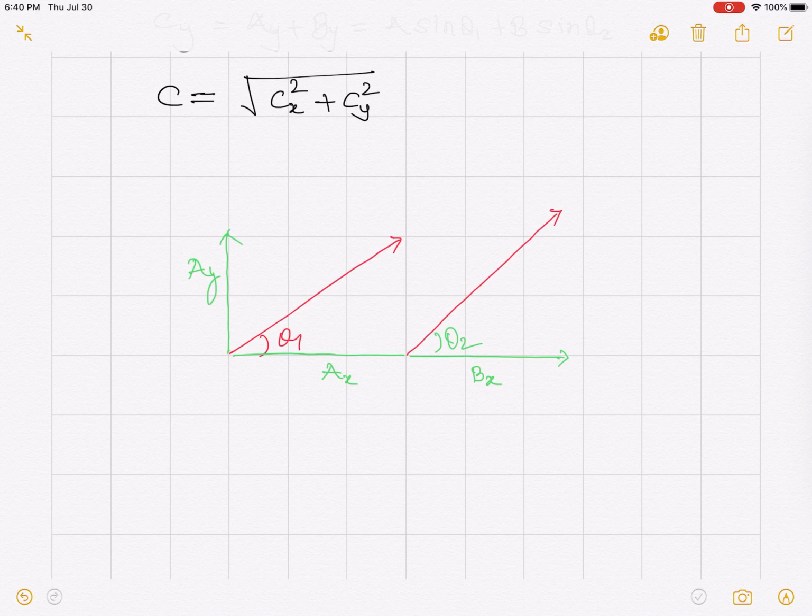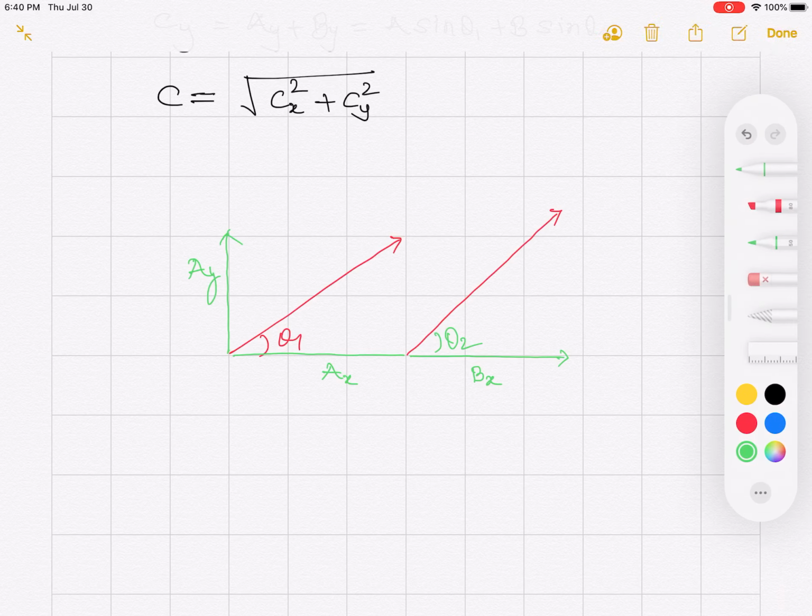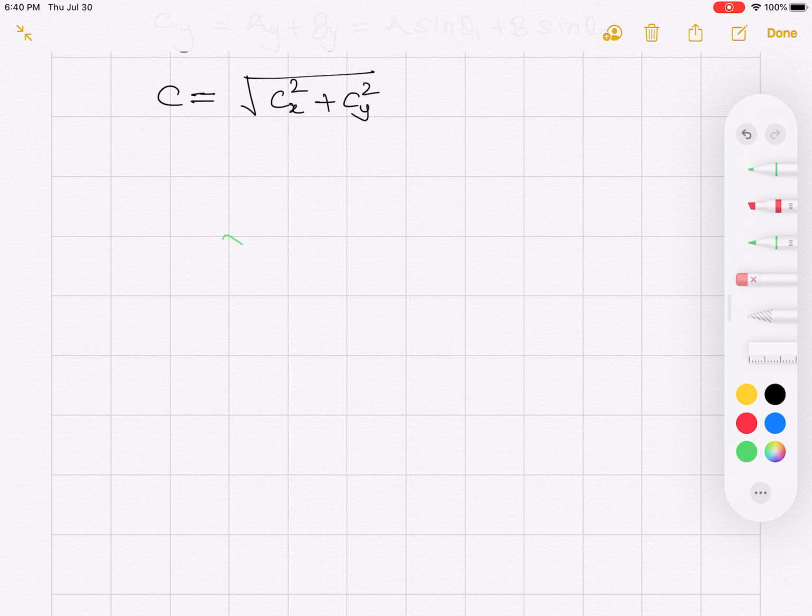So let me make it more clear how to find the direction. Okay, I need to redraw this one. It's not a correct way to find the direction. Let me redraw it.